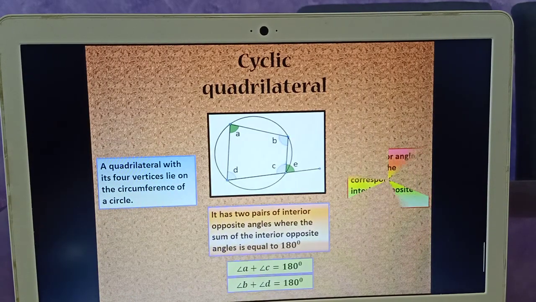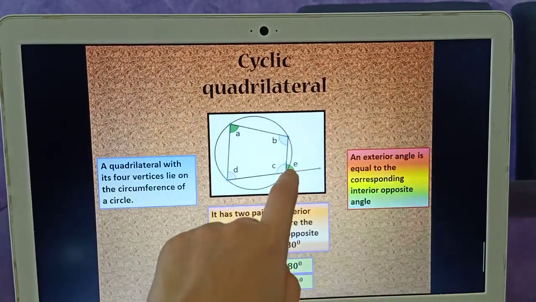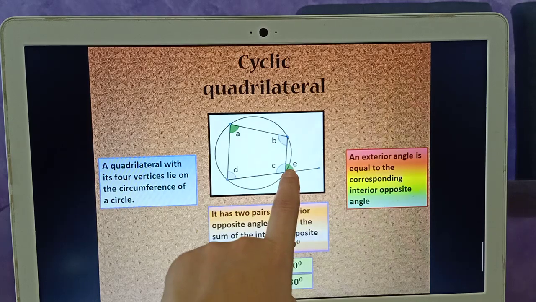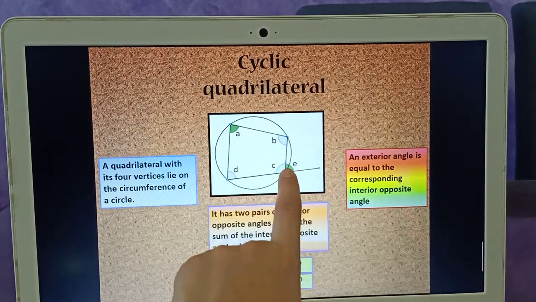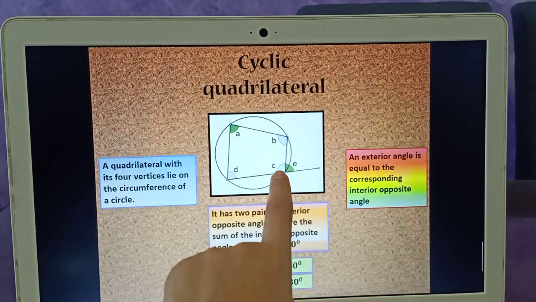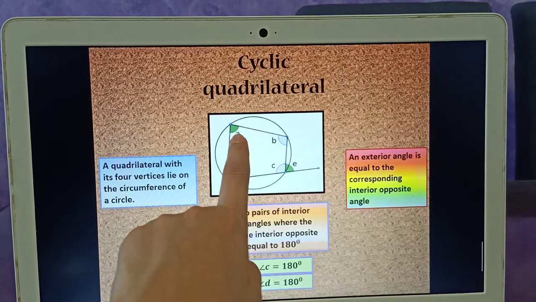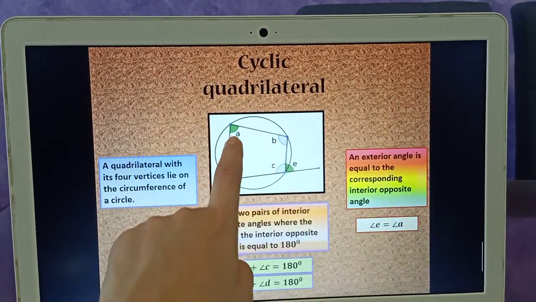Okay? And then, as you can see here, there's another angle outside here. This angle is an exterior angle. An exterior angle is equal to the corresponding interior opposite angle. So actually E is equal to A. Okay, I repeat again.